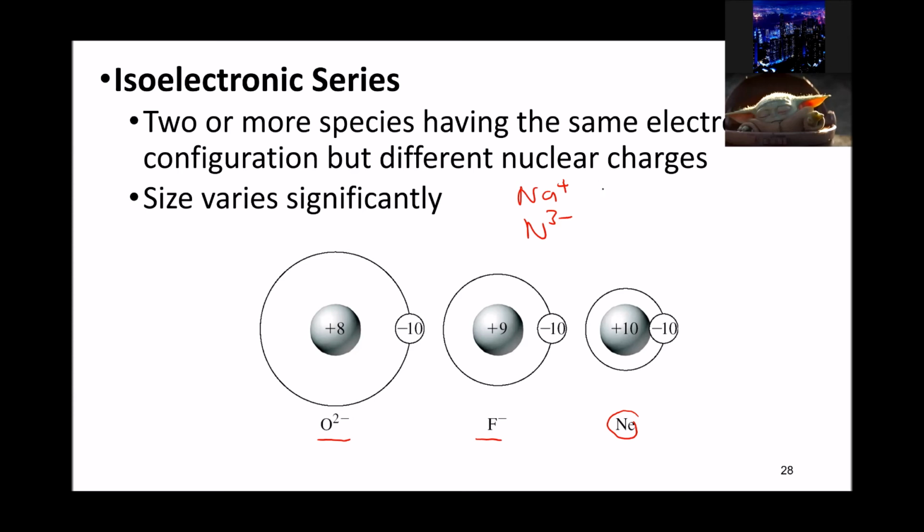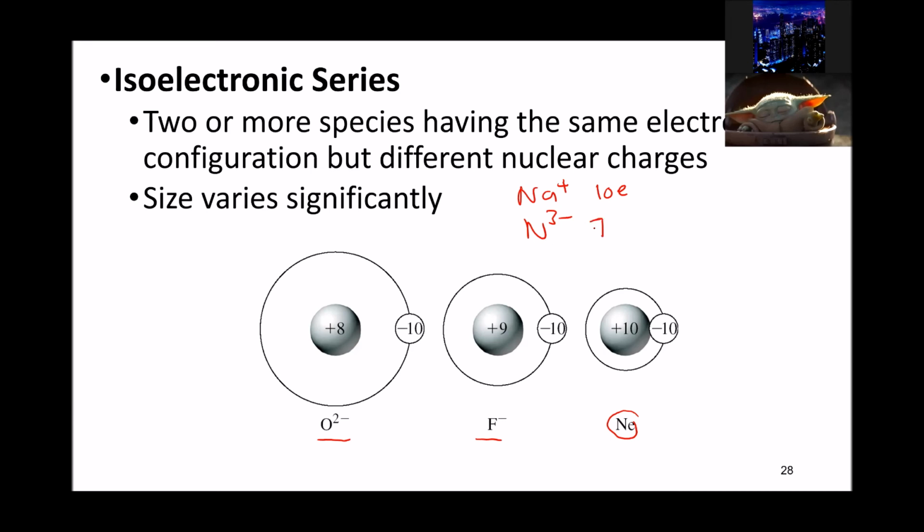That's correct. What about nitride? Nitrogen with 3 minus. How many electrons does a nitrogen atom have? The atomic number is 7, right?